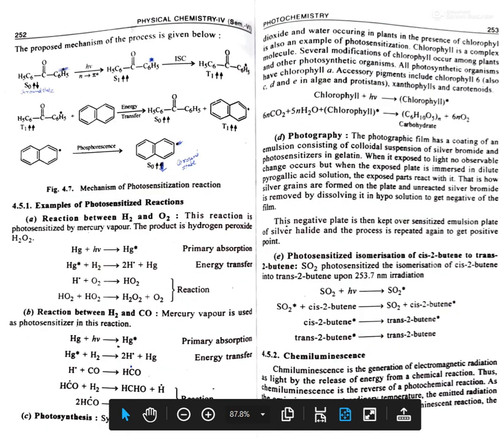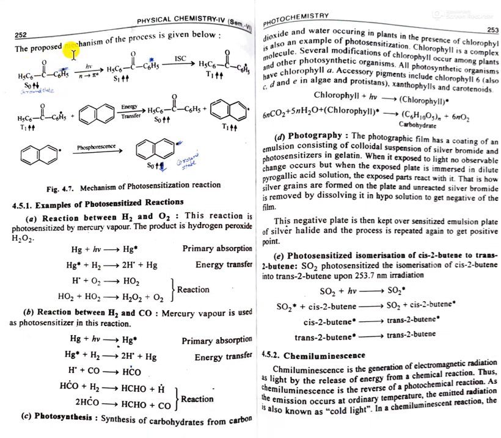So let us see an example here. This is a most common example, a molecule like this, benzophenone, and this molecule can actually act as a photosensitizer. In this case, the molecule is in the ground state.